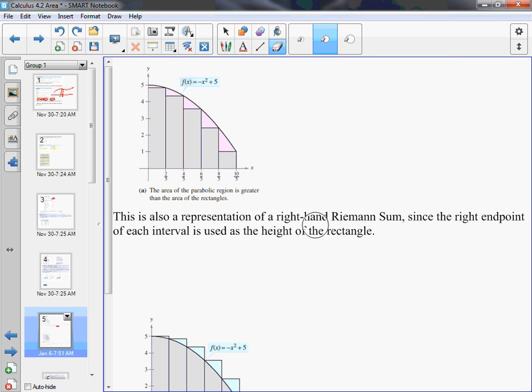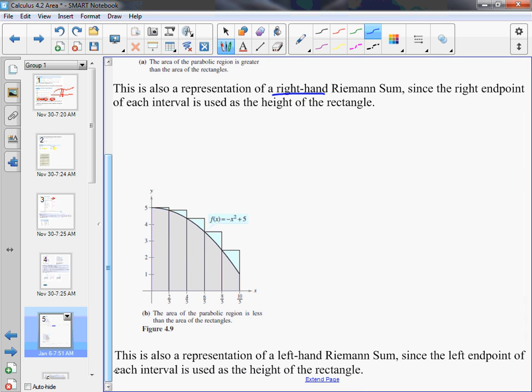If the top corner of the rectangle that hits the graph is the right top corner, it's a right-hand sum. If the top corner that touches the graph is the left end, then it's a left-hand sum. Okay? So you're with me on right-hand and left-hand?